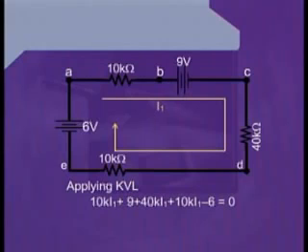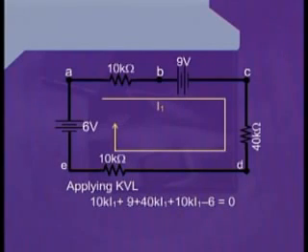After writing this term, we pass through the 10 kilo ohm resistance to reach the point B. Once we are at the point B, we will be looking towards the point C. Before we reach the point C, we can see that the point B has been directly connected to the positive terminal of the 9-volt battery.